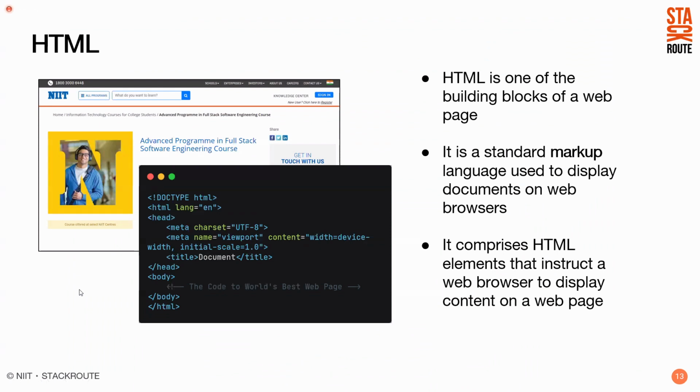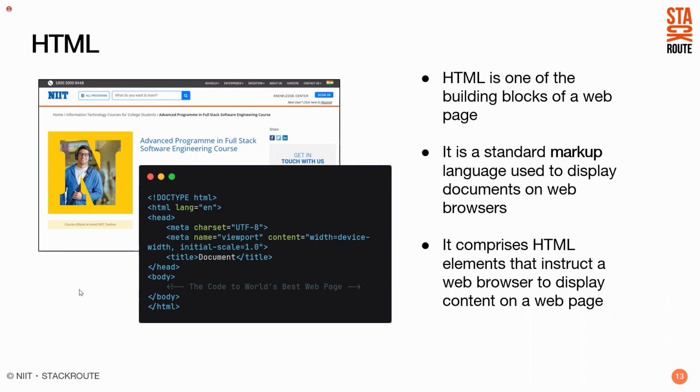It is a standard markup language used to display documents on a web browser. It's a markup language, not a programming language. It's a scripting language, a tag-based language. Programming languages are compiled by a compiler, follow strict syntactic rules, and are always for business logic.